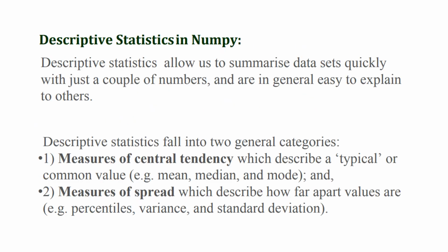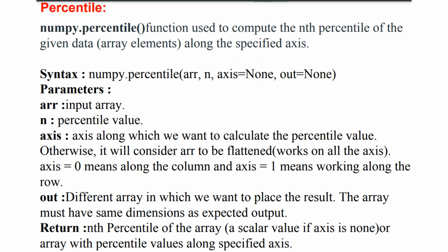Then descriptive statistics in NumPy: we go for mean, median, mode, variance and standard deviation. That is the measure of central tendency and measure of spread, which represent the descriptive statistics in NumPy. Numpy.percentile gives the nth percentile of the given data along the specified axis.